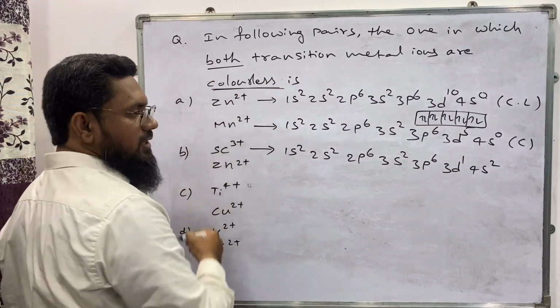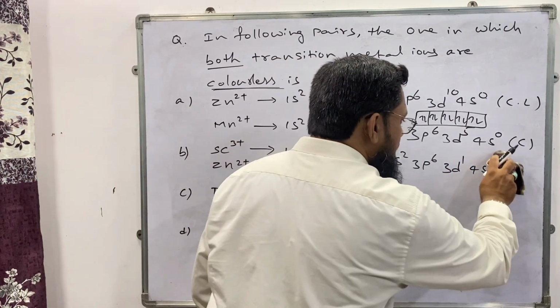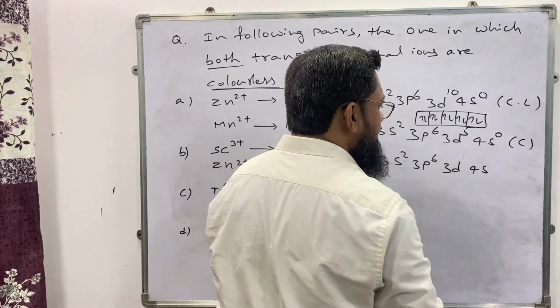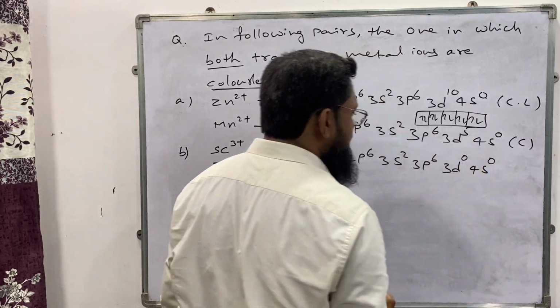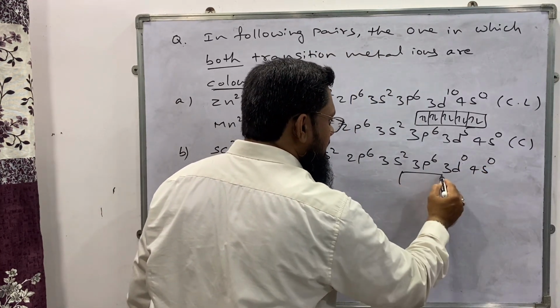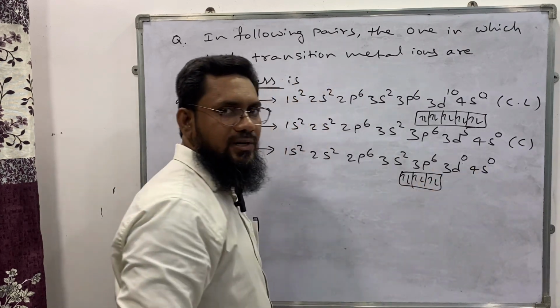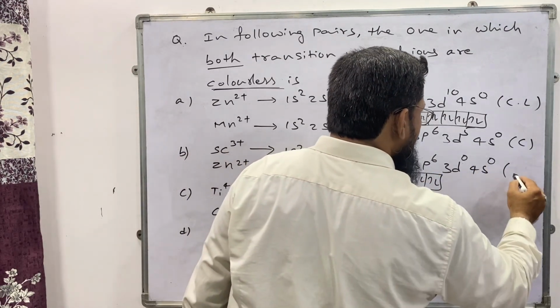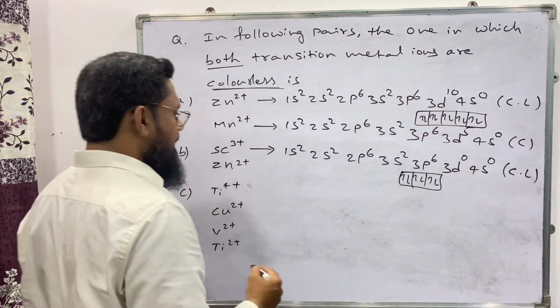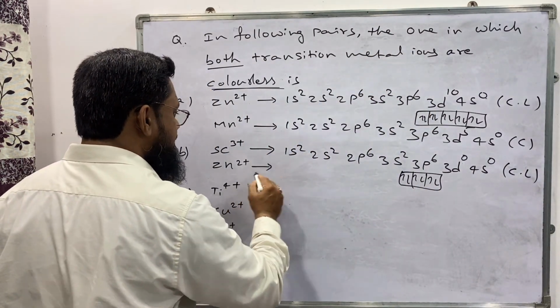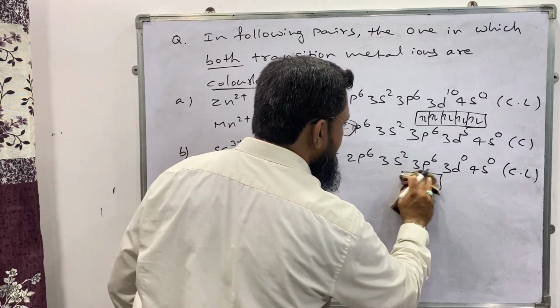We need to remove 3 electrons. So 2 electrons from here, 1 electron from here. So here 0, here also 0. Now earlier to that we have all the paired electrons. So there are no unpaired electrons in this. So it is colorless.